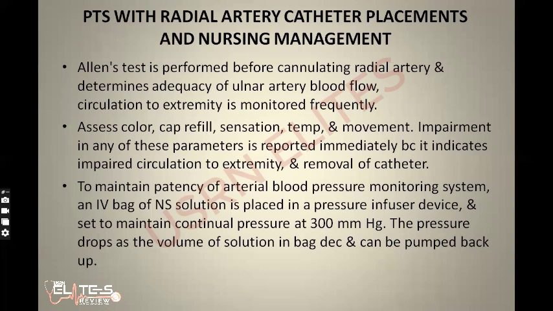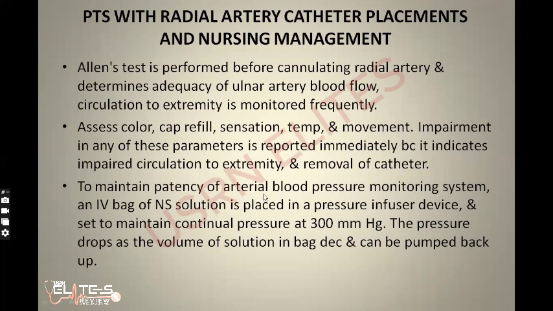So if you have extreme temperature reduction there, it means the part is not receiving enough blood. Then you monitor for movement too. Impairment in any of these parameters is reported immediately because it indicates impaired circulation to the extremity, and that warrants immediate removal of the catheter.